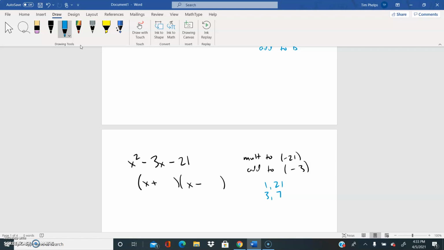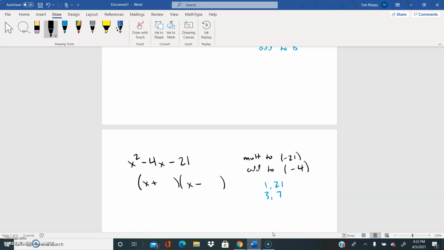And I think I just messed up my numbers here. Sorry about this. So I'm going to change my numbers here. Trying to do it off the top of my head, and I messed up. Let's make that 4. So again, multiply to negative 21, add to negative 4. So again, one positive, one negative.